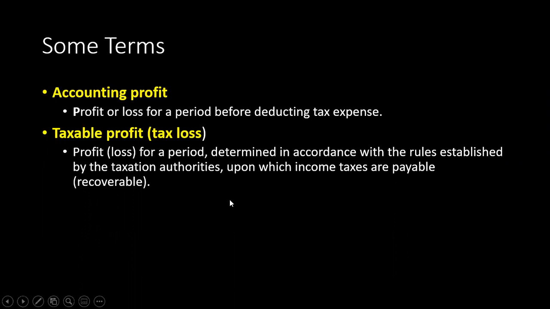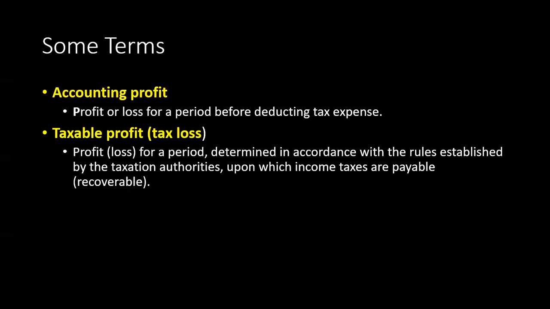And we know that in most situations, the accounting profit will not be equal to taxable profit, because the deductions, expenses, benefits and incentives given under the calculation of taxable profit may be completely different from the expenses recognized and recorded for the purpose of reporting to the shareholders.